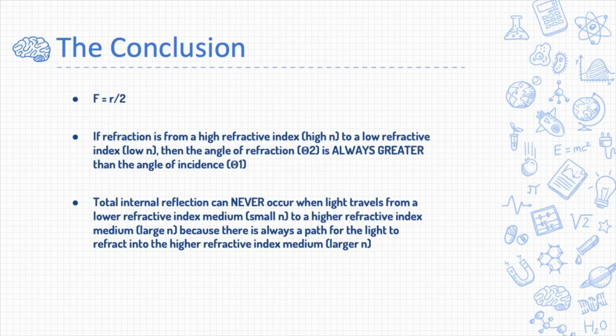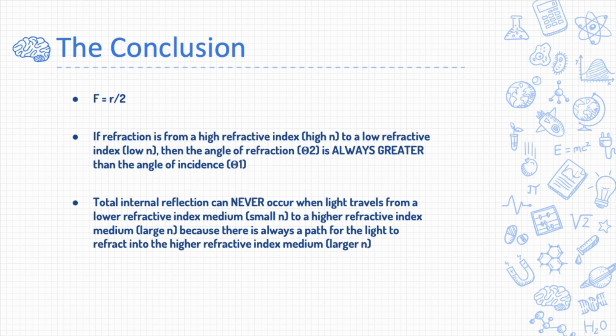From our conclusion, we found that F does equal R over 2, and we found this with very high precision and accuracy. We also found that if refraction is from a high refractive index to a low refractive index, then the angle of refraction is always greater than the angle of incidence. We also found that total internal reflection can never occur when light travels from a lower refractive index medium to a higher refractive index medium.